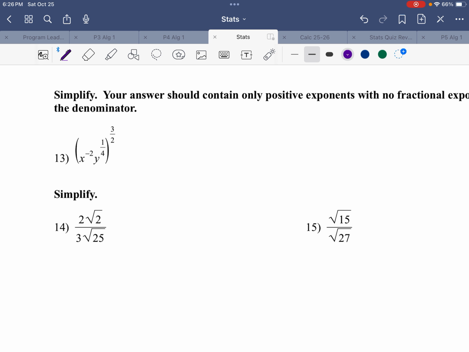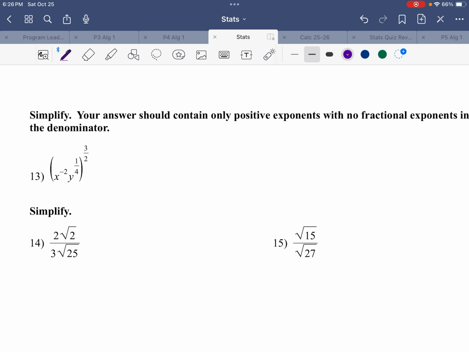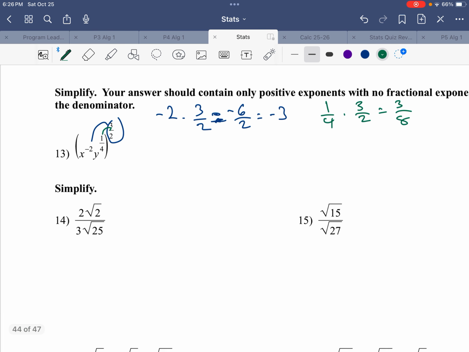In this last example that they want us to have in positive numbers, we're going to multiply. When we raise a power to a power, we multiply. So it's like -2 times 3/2 to get -6 over 2 or -3. And we multiply kind of like we're distributing 1/4 times 3/2 to get 3/8.